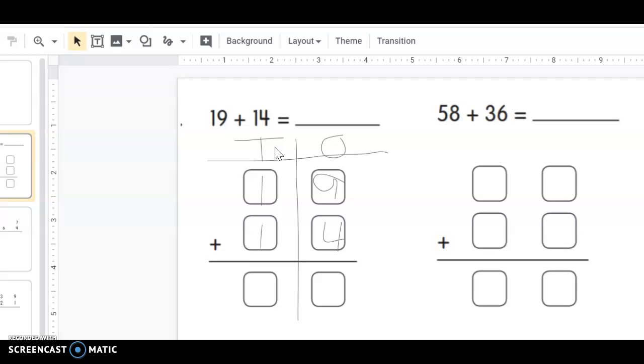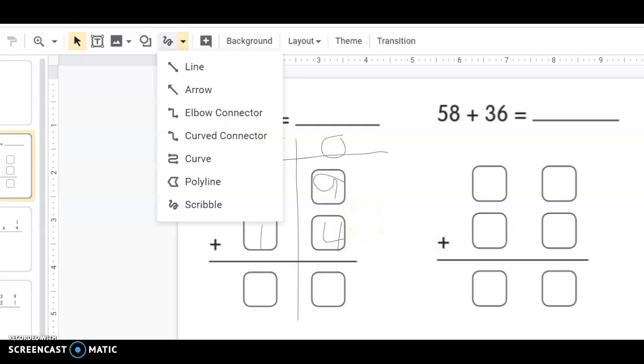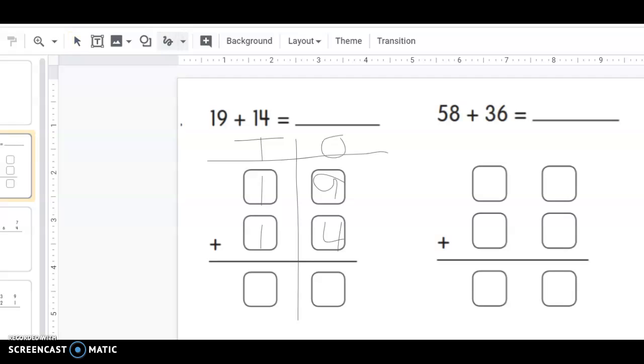What place do I start with, tens or ones? I hope you said the ones place. Let's get started. The first thing we want to ask ourselves is, do I need to regroup? So if I add 9 plus 4, what number will I get for an answer? I will get 13.